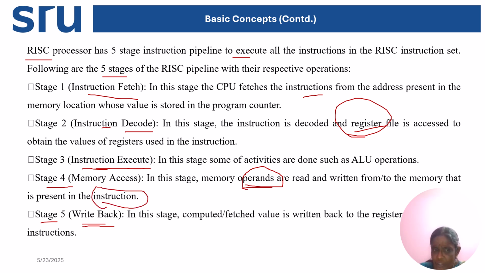By seeing the address, the control will go to the particular memory location and take the data. And then in the fifth stage, the write back stage, the computed value is written back to the register. So the output value will be written back.